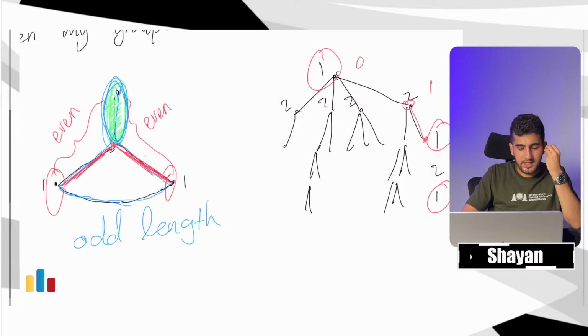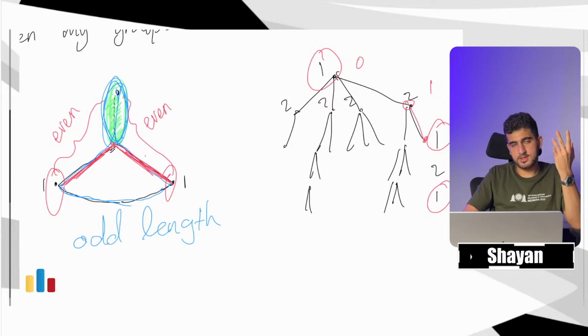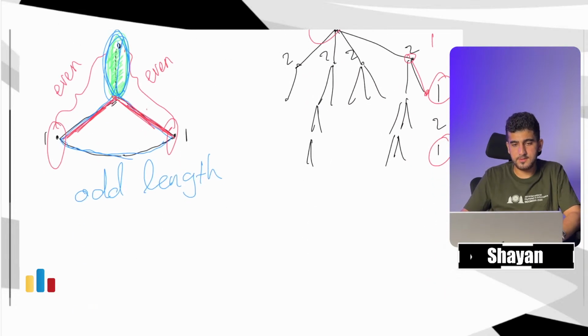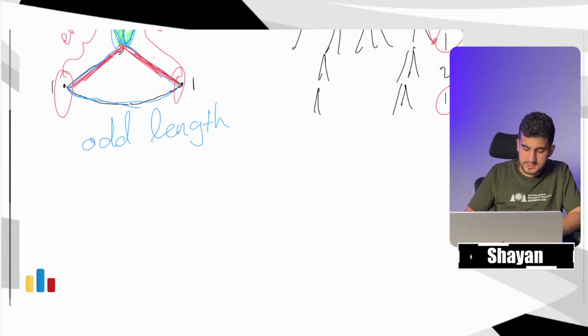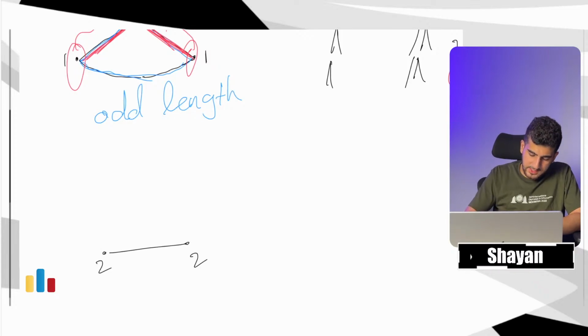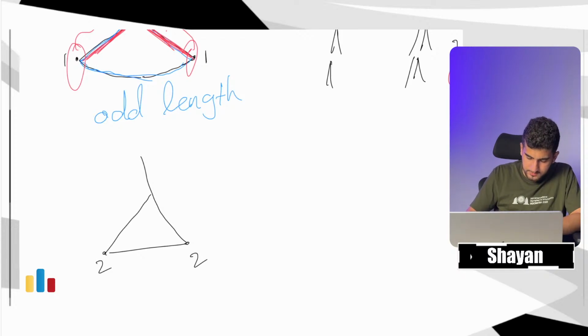So it means that if there is an edge between two vertices of color 1, then there should have been an odd length cycle, which is a contradiction because we assume that there is no odd length cycle. And you can say the same thing if we have an edge between two vertices with color 2. Again, the distance of both of them to the root is odd.